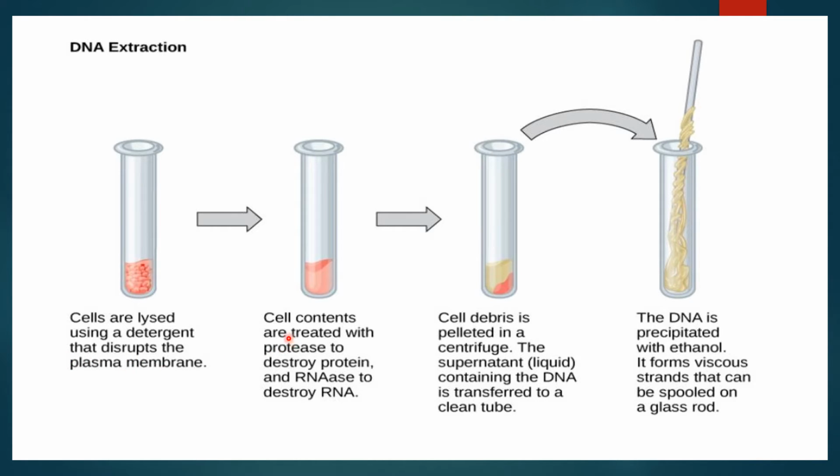In the second step, cell contents are treated with proteases to destroy protein and RNase to destroy RNA. After that, cell debris is pelleted in a centrifuge. The supernatant liquid containing the DNA is transferred to a clean tube. The DNA is precipitated with ethanol. It forms a viscous strand that can be spooled on a glass rod.